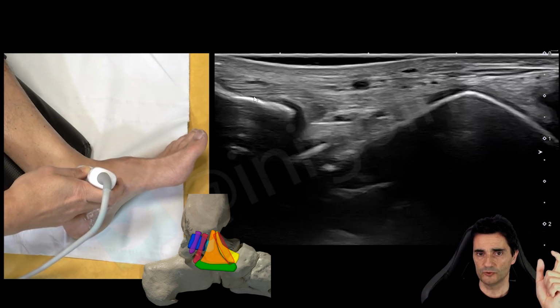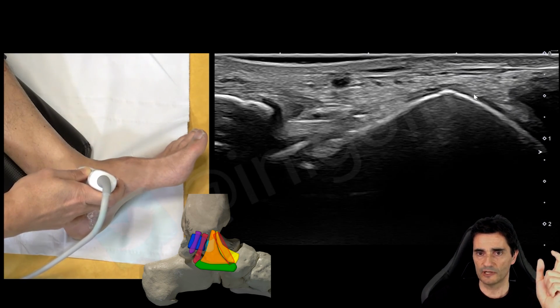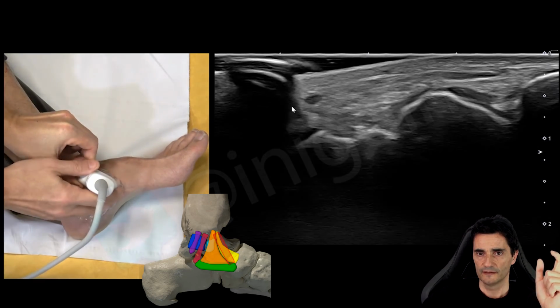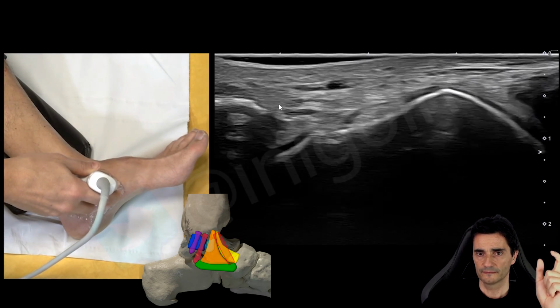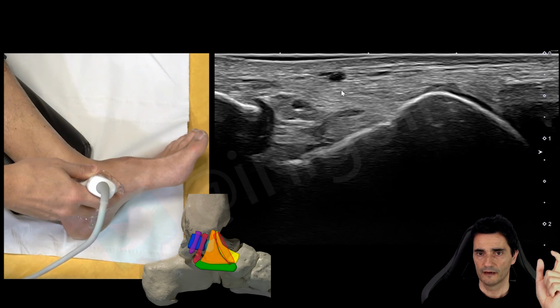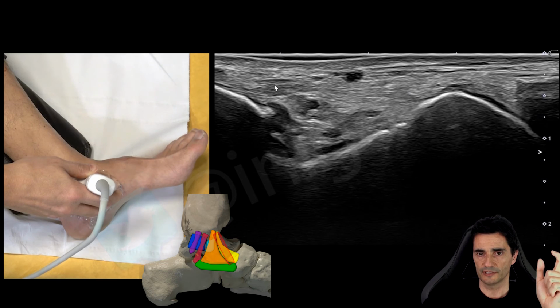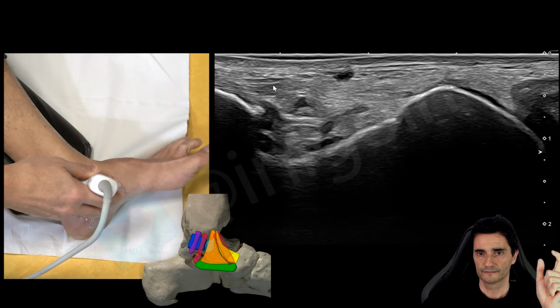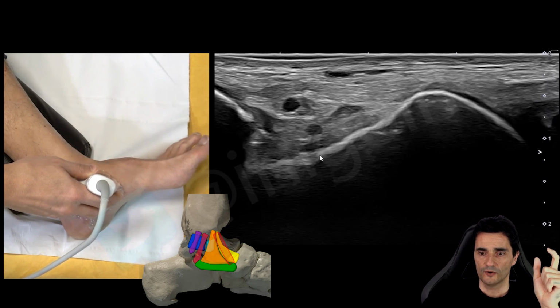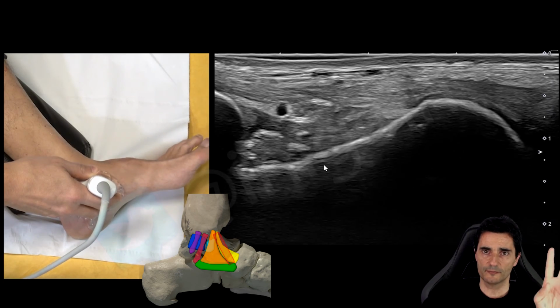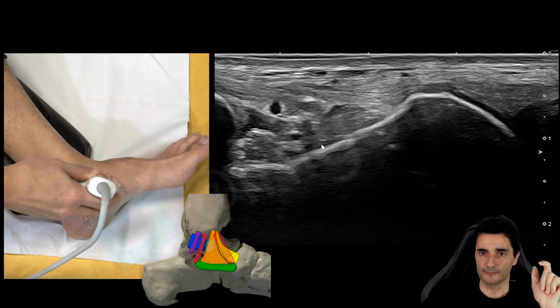And the fibers between the tibia and the navicular bone, these superficial fibers here, are the tibio-navicular component of the spring ligament. You can see here. Okay, and these are the 6 components of the deltoid ligament.